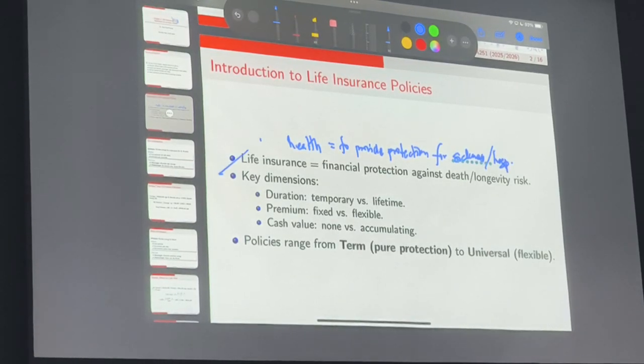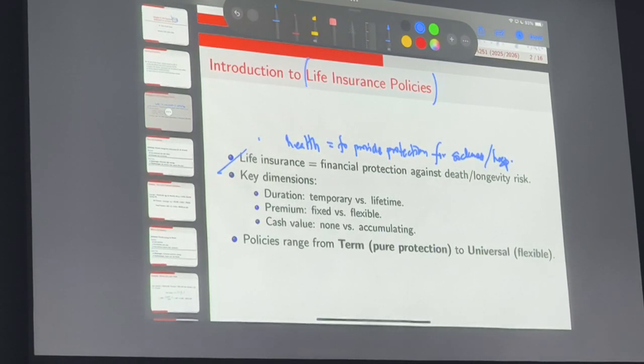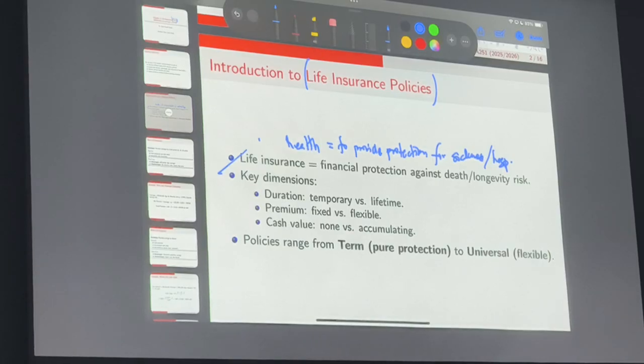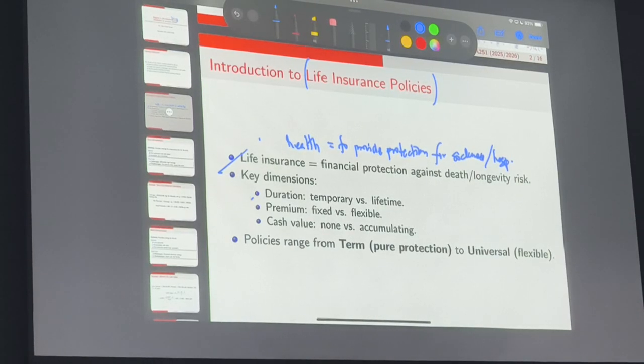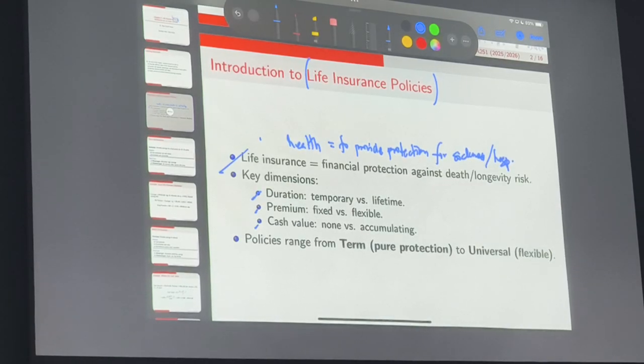Okay. Right, so since we have many kinds of life insurance policies, the ones that differentiate between them, or the dimensions that differentiate between them are three. The first one is duration, second is premium, and the last one is cash value.